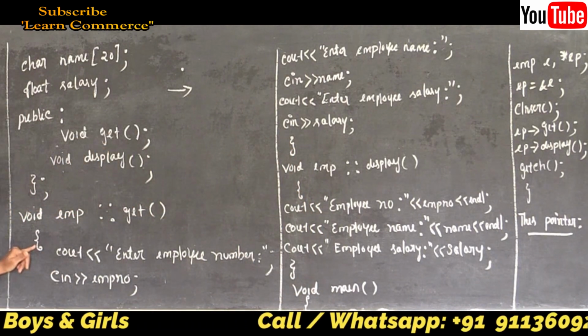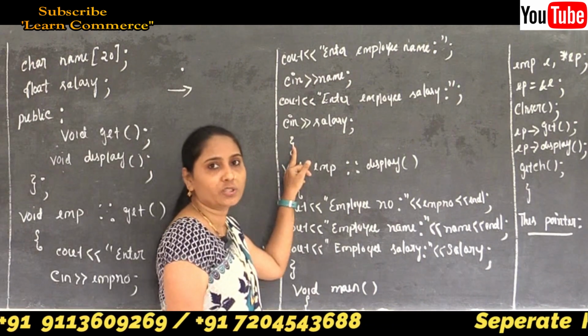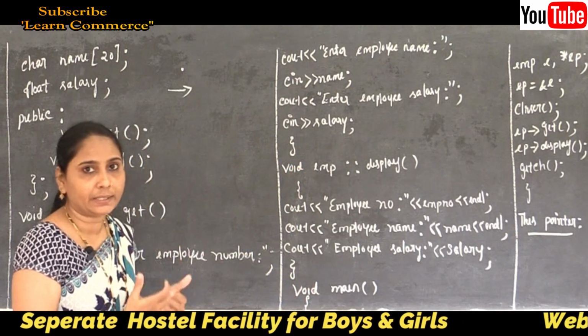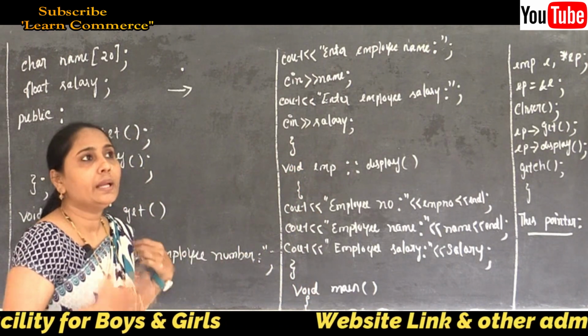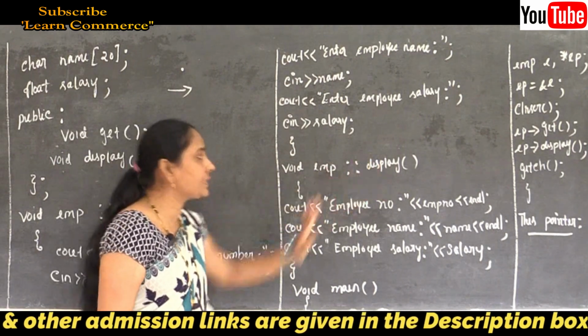And whatever flower bracket we opened, such flower bracket is going to close here. Now we already entered the data, that means it is going to get the data into the class EMP.